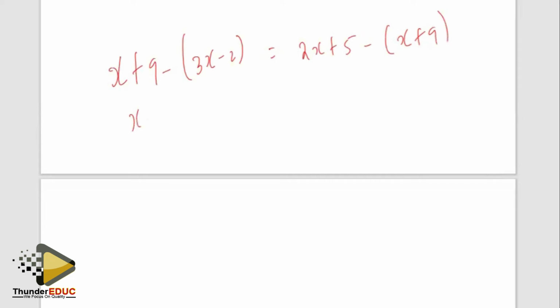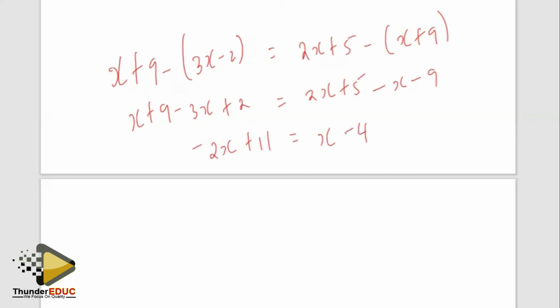Let's open that up. x plus 9 minus (3x minus 2) is equal to (2x plus 5) minus (x plus 9). We know that d1 must be the same as d2. Simplify this: negative 2x plus 11 is equal to x minus 4.